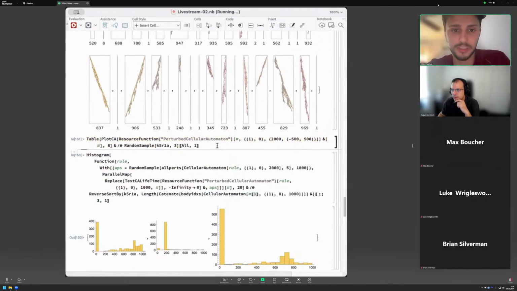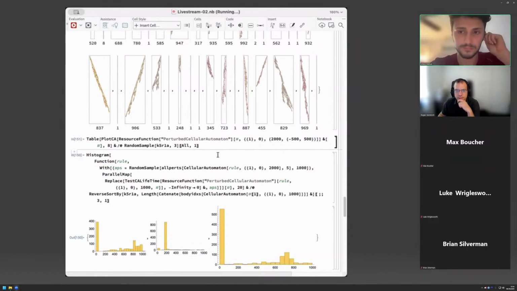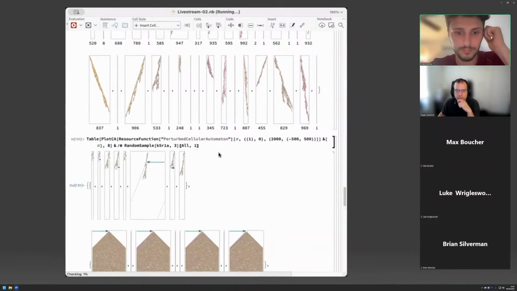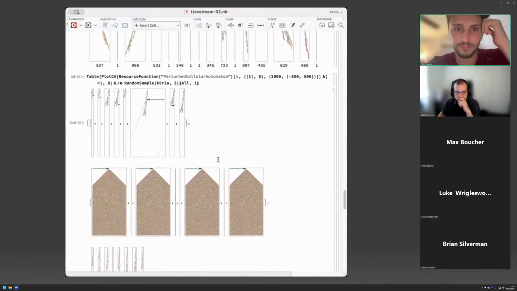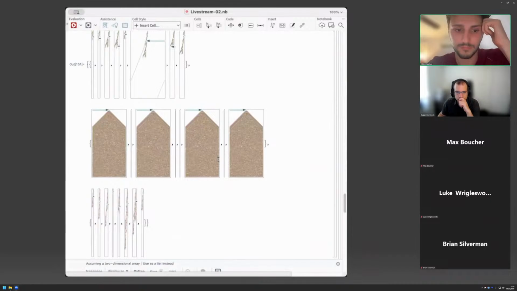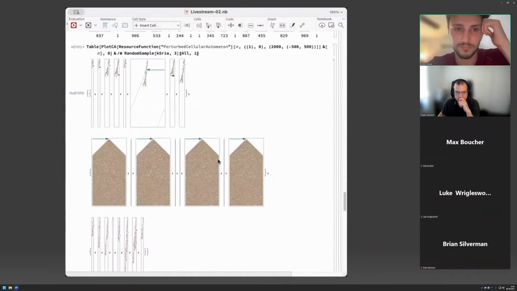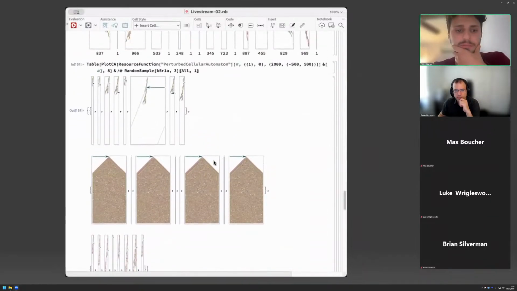So the comparison that you're making is between a closed loop system and an open loop system. Is there anything CA-like that we could do that in some way closes the loop? Say more, what do you mean?